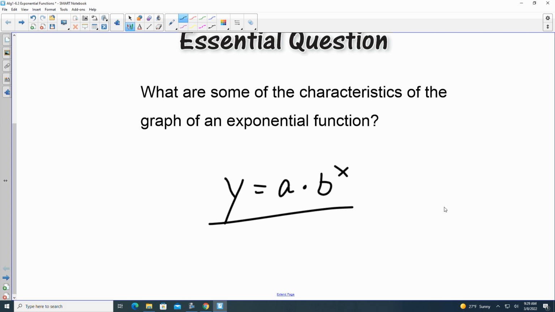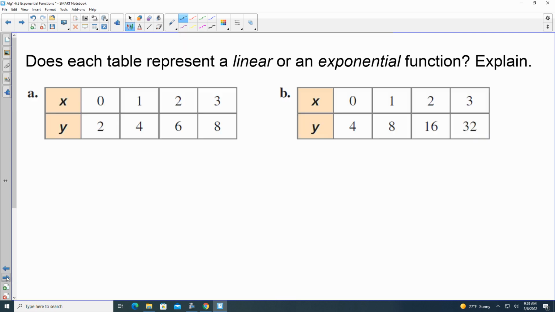But for starters, we're going to look at tables to see if, in fact, a table is going to represent either a linear function or an exponential function. So we've talked about tables that represent a linear function.